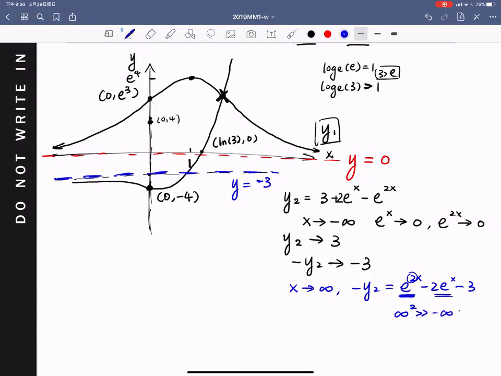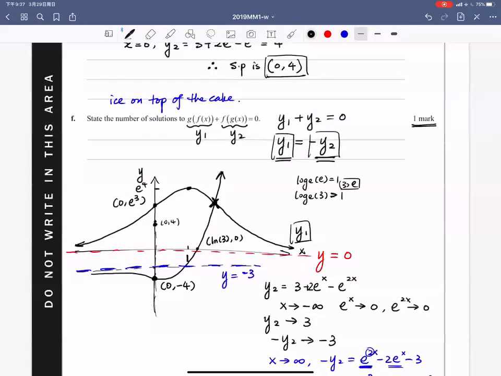And it's also greater than minus 3. That's why minus y2 will get towards a very large number. That's why it's getting higher and higher, drastically higher. All right, don't forget to answer the question, the number of solutions: 1. Thank you, Mr. Box.